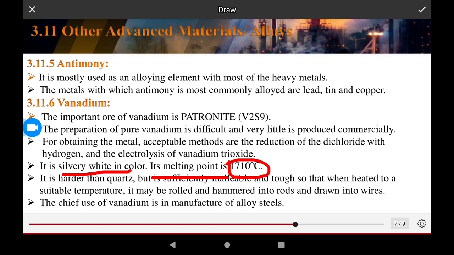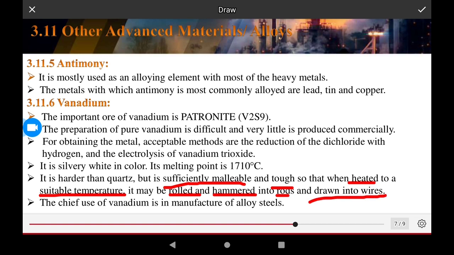It is harder than quartz, but insufficiently malleable and tough, so that when heated to a suitable temperature it may be rolled, hardened into rod, and drawn into wire.